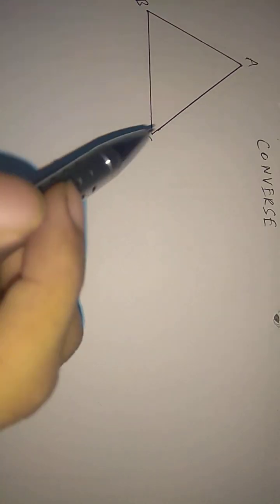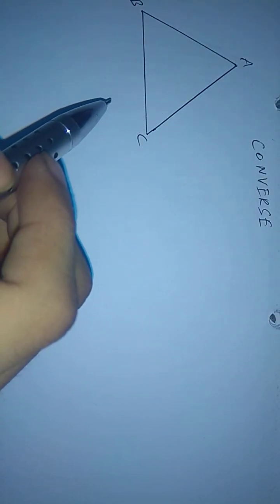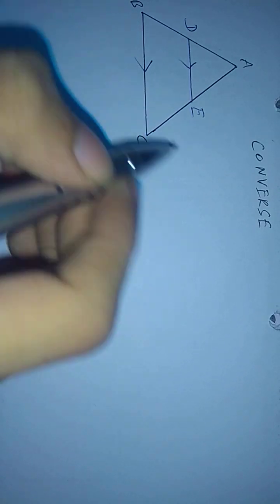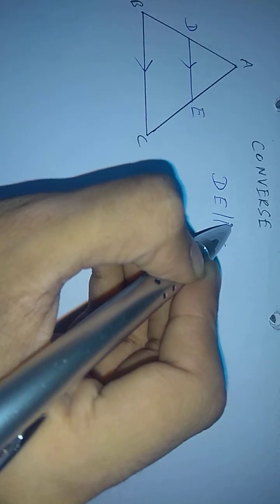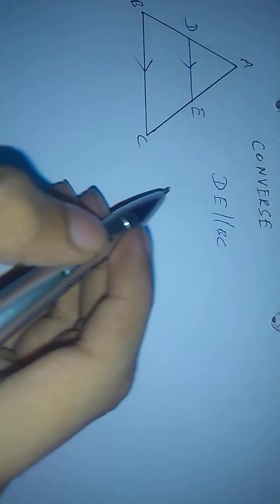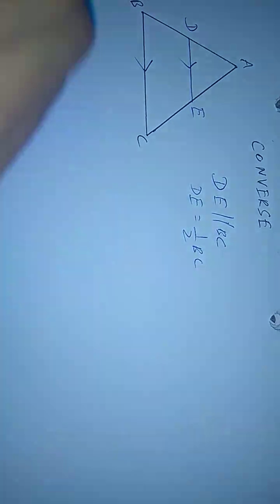Now we will try to understand what is the converse of the midpoint theorem. Let's suppose ABC is a triangle, and in this triangle there is a line, let's name it DE, and it is said that DE is parallel to BC. It is given that DE is parallel to BC, and it is also given that DE is half of BC.